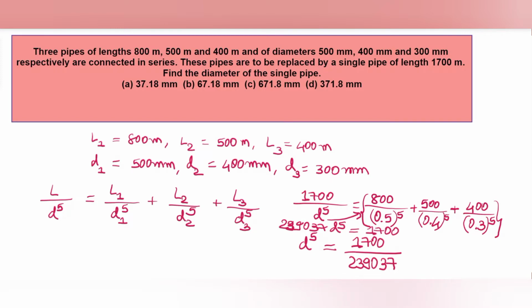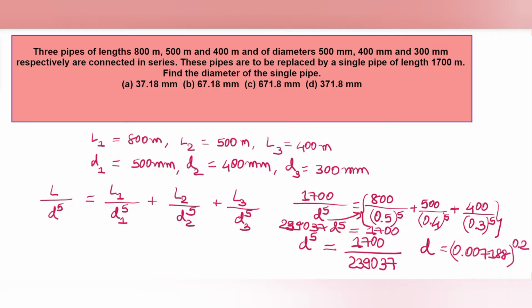From that, I'll get D raised to 5 is equal to 1700 divided by 239037, and the division comes out to be 0.00718.